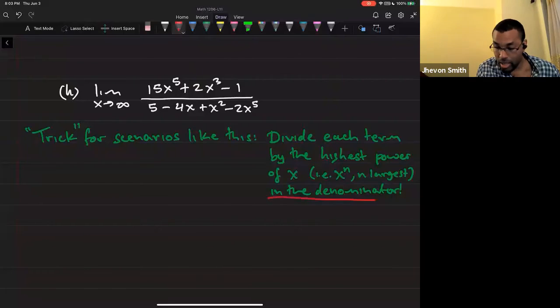Pretty much always in the denominator. You're never going to do this for the numerator. Always the denominator, right? So you're going to just divide by the highest power of x in the denominator.